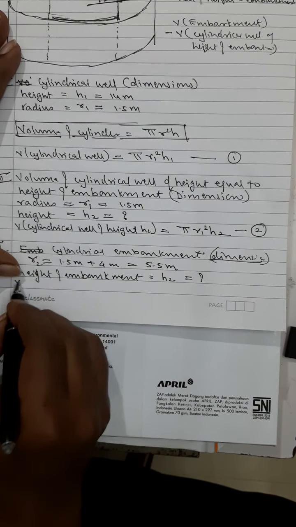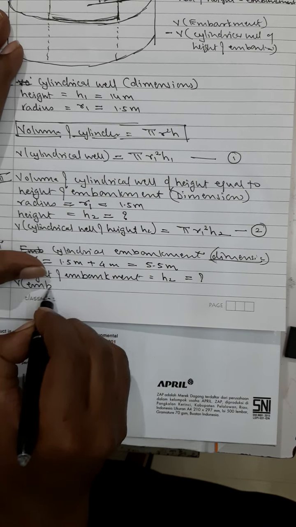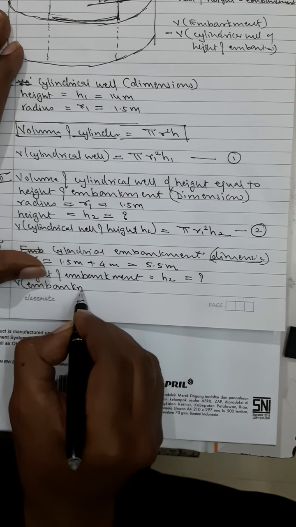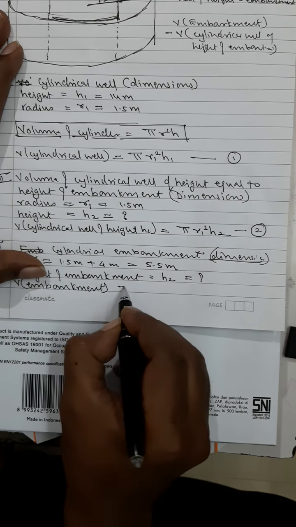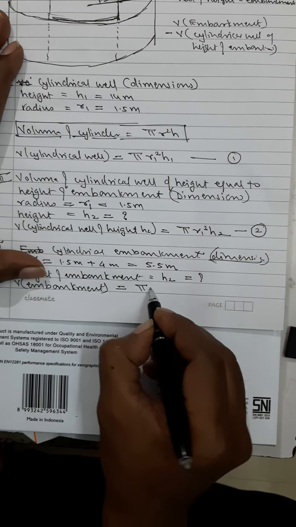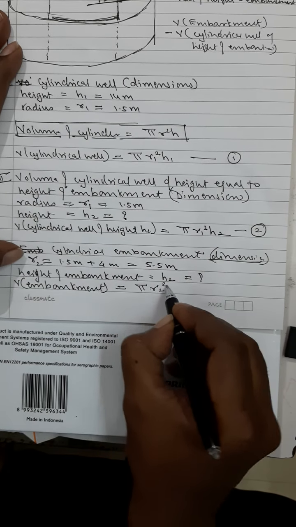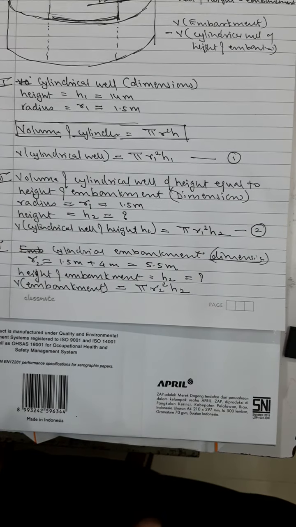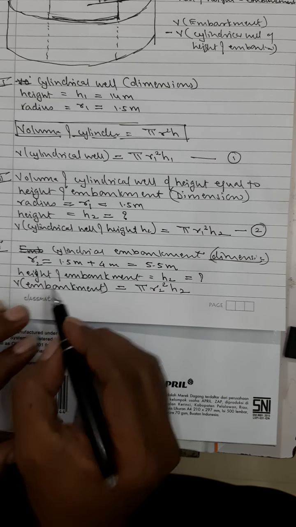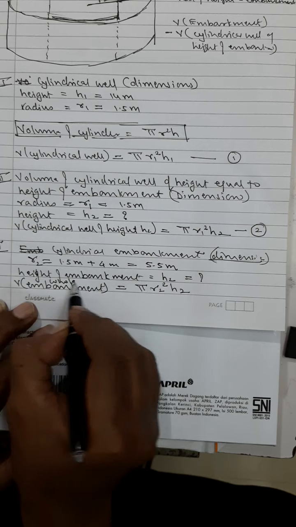So therefore volume of the whole embankment, full embankment, will be equal to pi r2 square h2. This is the full, whole embankment volume.